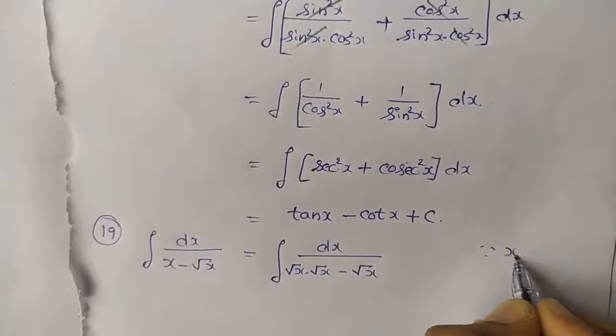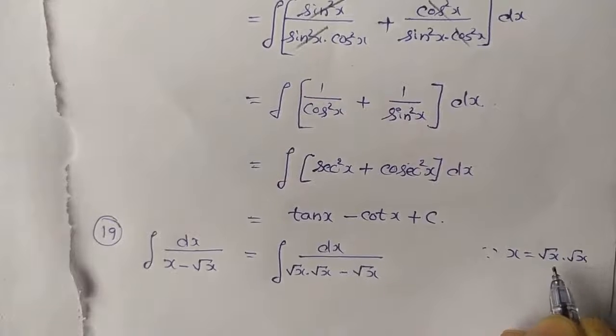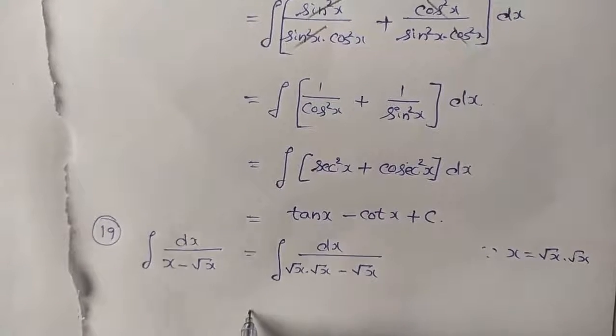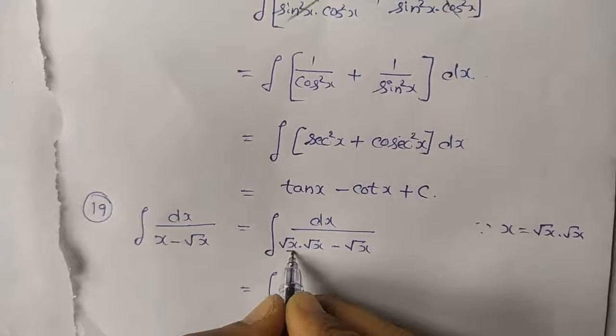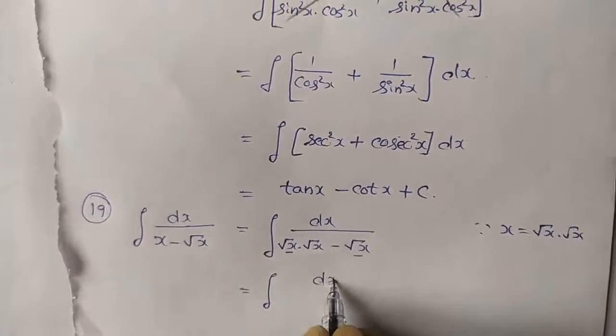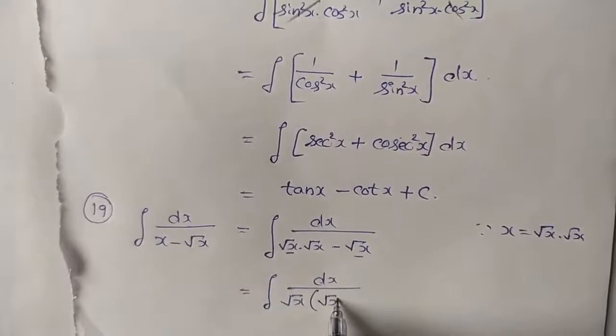Since x can also be written as root x into root x, and root x into root x is x. In the denominator we have root x common, take it outside: dx divided by root x into root x minus 1.